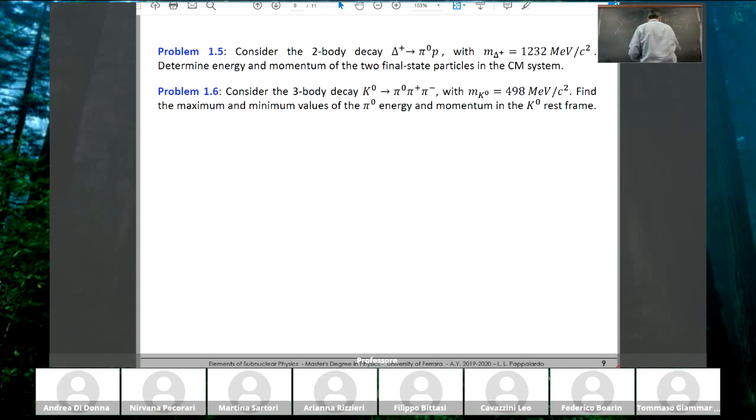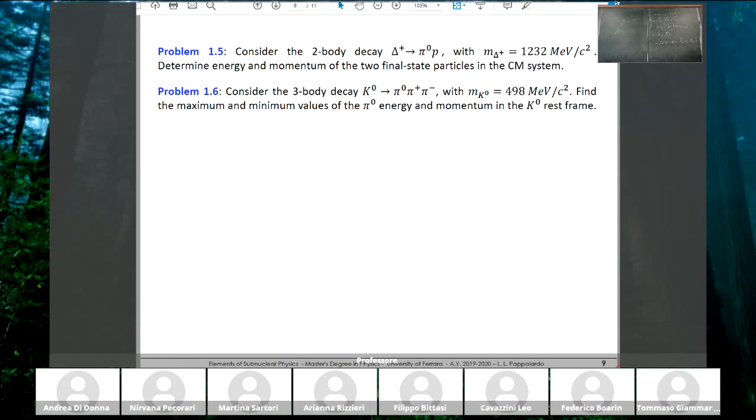So we have the energy of the pi plus, the energy of the pi minus, plus the energy of the pi0, and then we have the vector sum of the momentum of the pi plus, the momentum of the pi minus and the momentum of the pi0. So these are our initial and final states for the four-momenta.